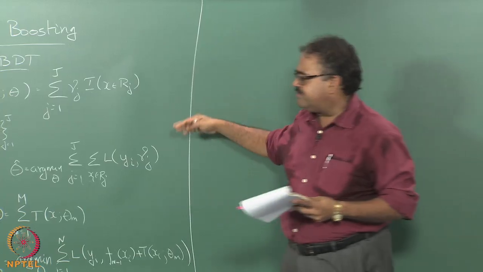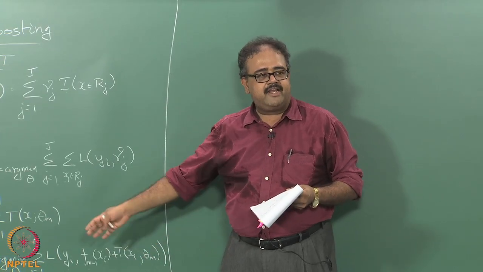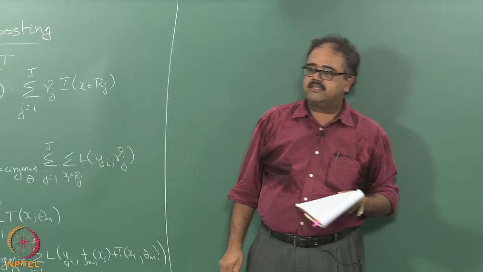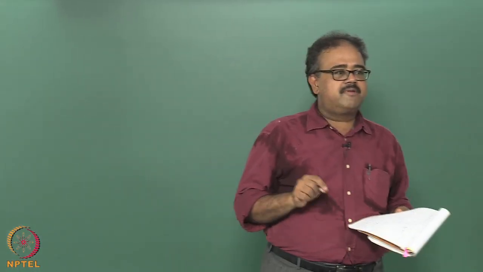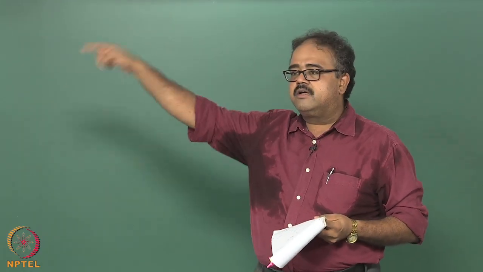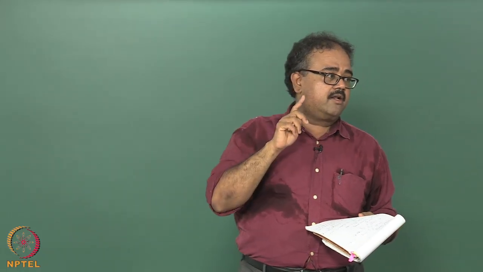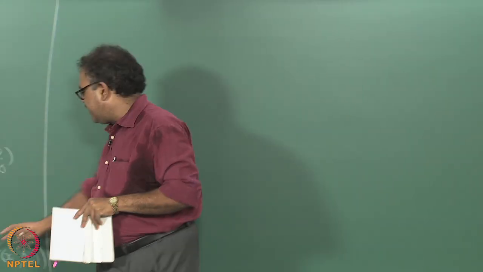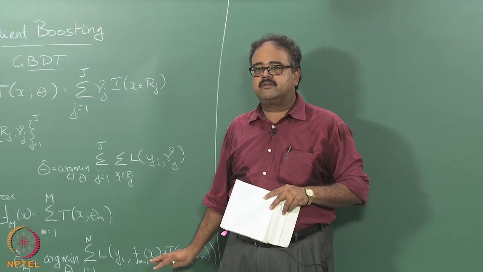So, as with regular decision tree learning, given the R_js, finding the gamma_js is easy, but the problem is finding the R_js. In general, finding the regions becomes a little tricky because I have to take into account the other trees' output also. But when I am talking about squared error it is very easy because things nicely decouple. I do not have to worry about f_{m-1} after I compute the residual.